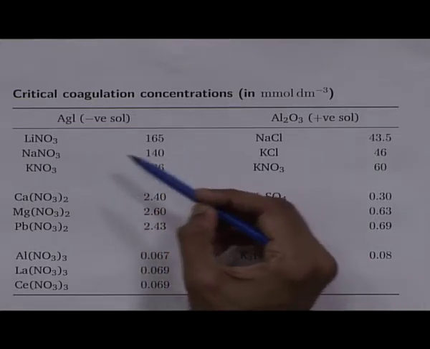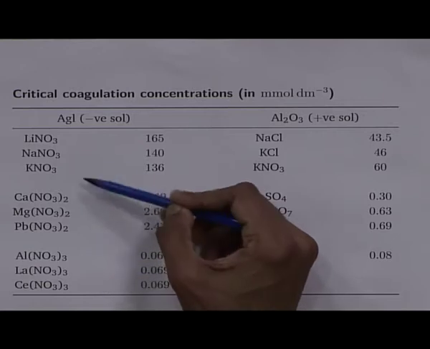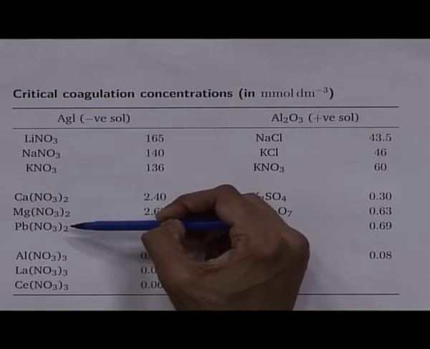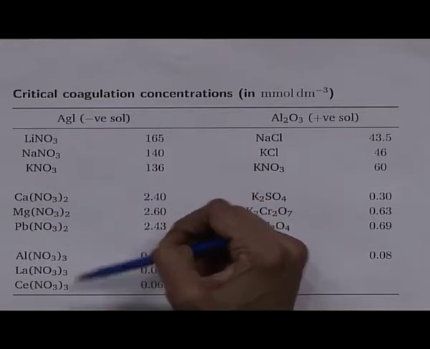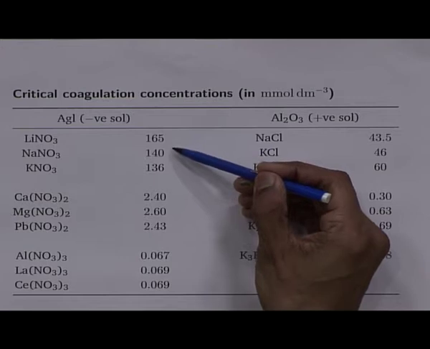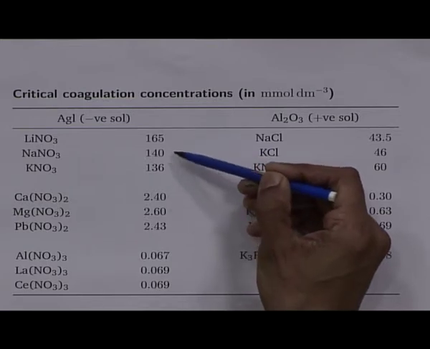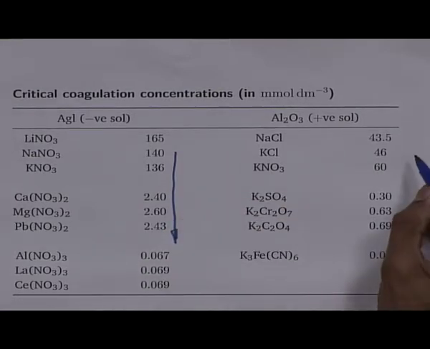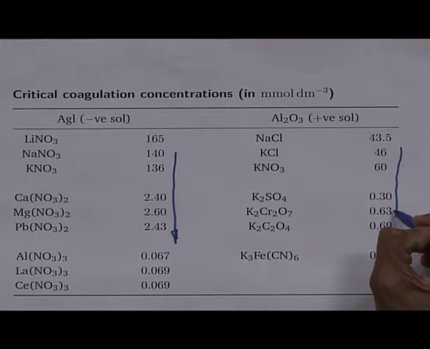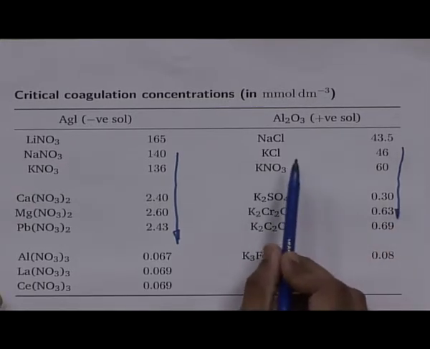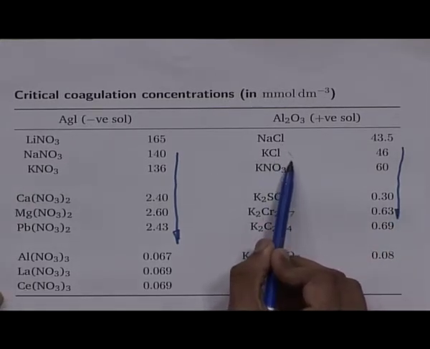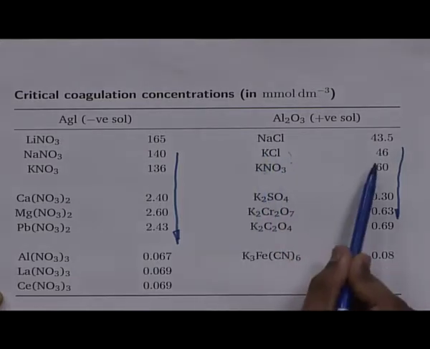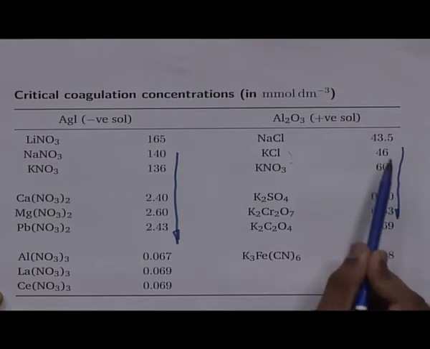So, when you went from singly charged ion to doubly charged ion to the triply charged ion, the concentration of the electrolyte that was required decreases as you went down like this. And the same is the case with the positively charged sol. Here again the anions may be different, but you find the same sort of trend. Ignore these small differences here, these are not significant.